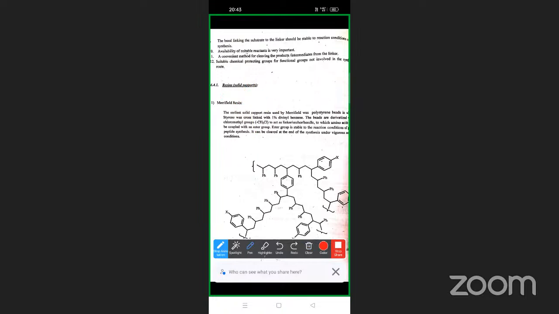So the amino acids have two functional groups here. You are aware of this. This is the general structure of the amino acid here. It has the amino group here and the acid group. So in peptide synthesis, one amino acid is linking with another amino acid.